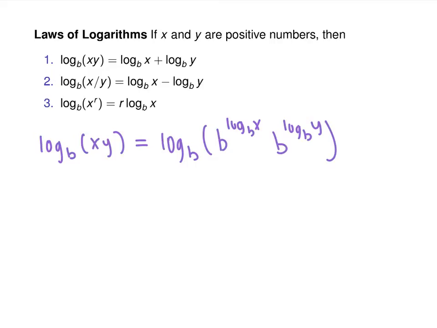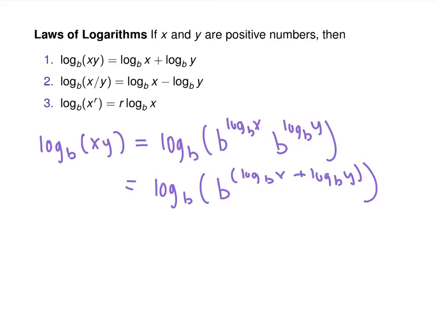Okay, and so then you're like, well, I know that if I have common bases and they're multiplied, the exponents do what? They add. So that becomes log base b to the one singular power of log b x plus log b y. Okay?